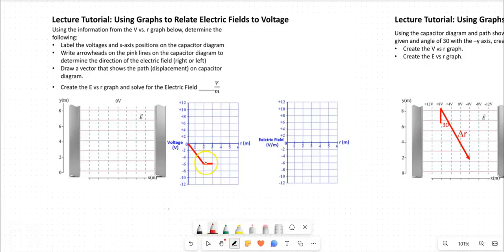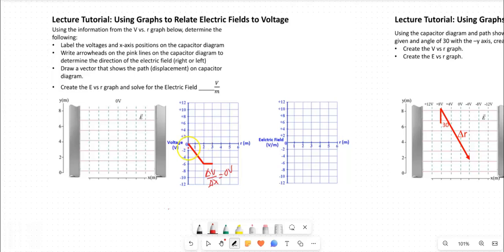Obviously, the slope of this line is 0. So the change in voltage of this line is equal to 0, which means the voltage isn't changing for a distance of 1 meter. Okay?